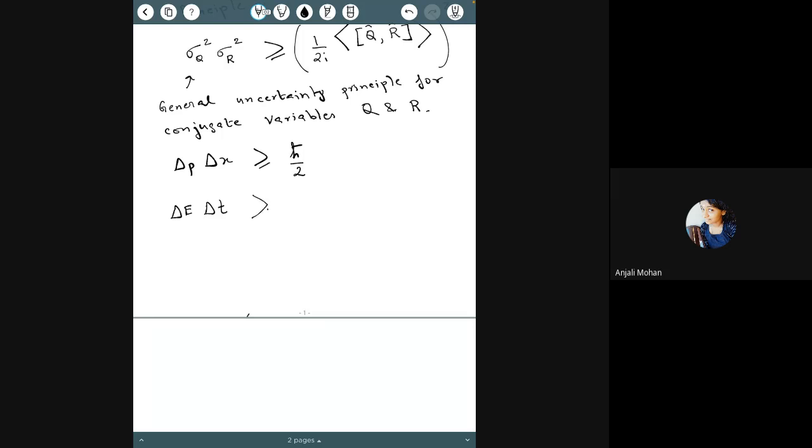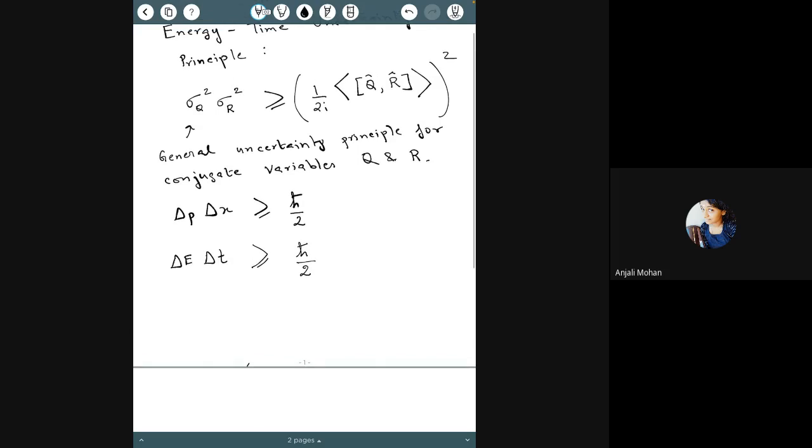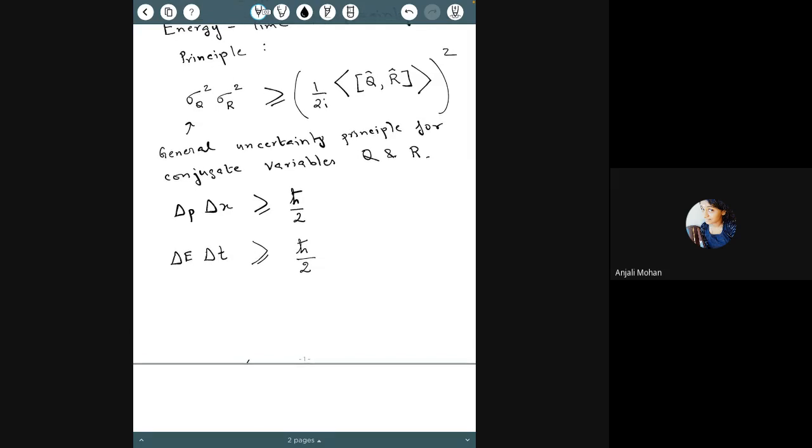You must have studied this before in your +2, that the product of the errors is also greater than or equal to h cross by 2. But the main problem here is that if I want to derive delta E delta t greater than or equal to h cross by 2 from the general mathematical relation, we need an operator for energy, which is the Hamiltonian, no problem. But we also need an operator for time. But time does not have any operator in quantum mechanics.